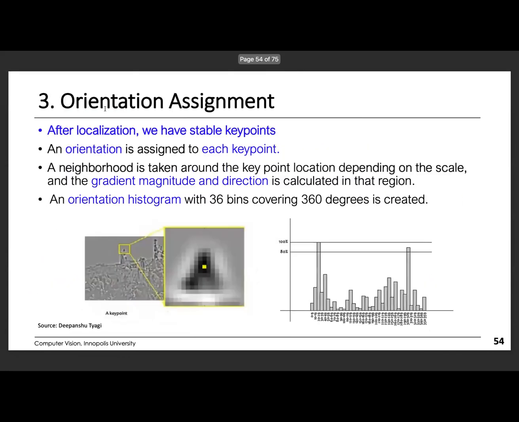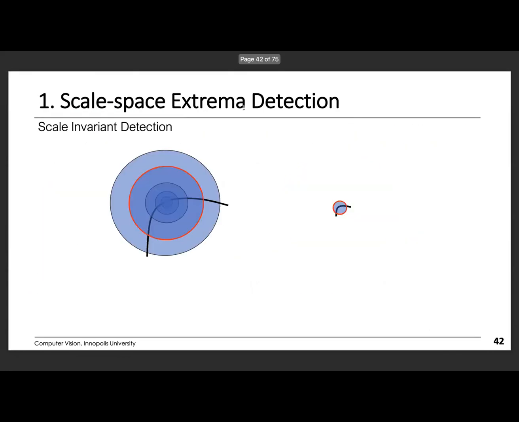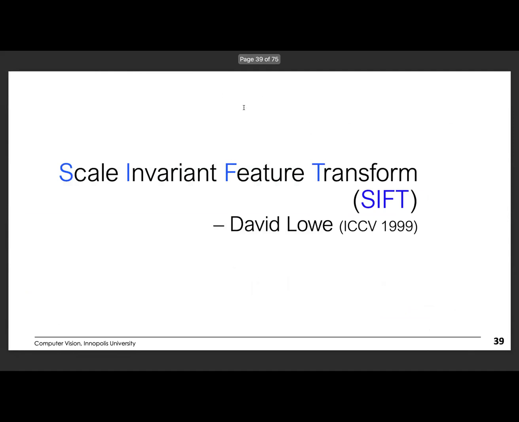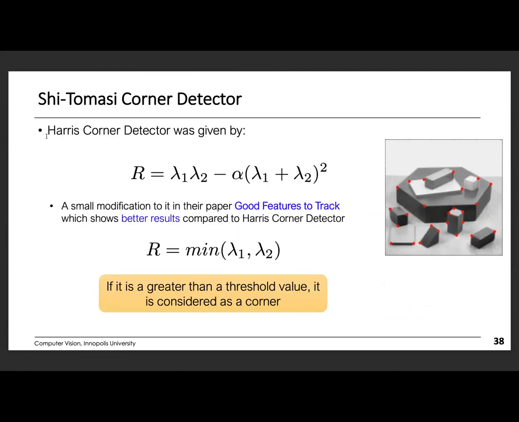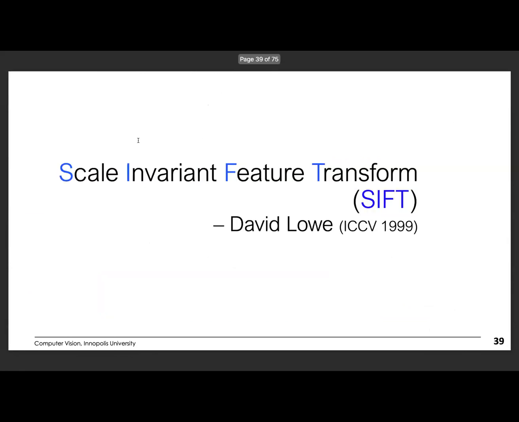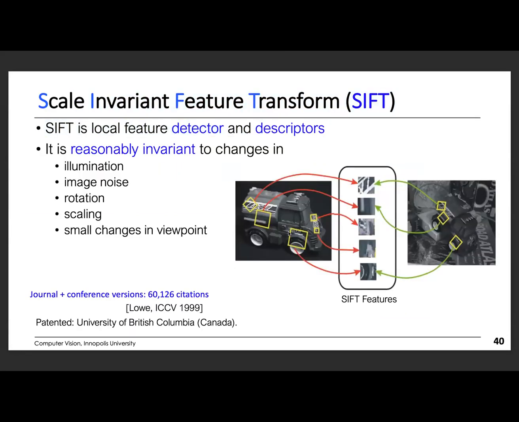So SIFT, for now, just consider it as a simple algorithm that is very similar to the Harris corner detector, but a little bit more. So as you can see, scale invariant feature transform. The SIFT detector is very good for feature detection and of course for describing the features too.